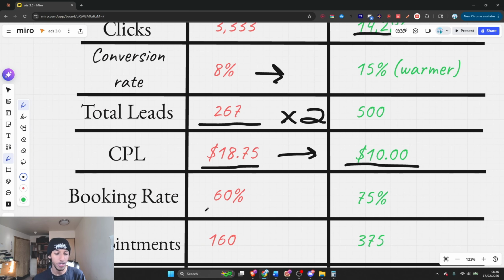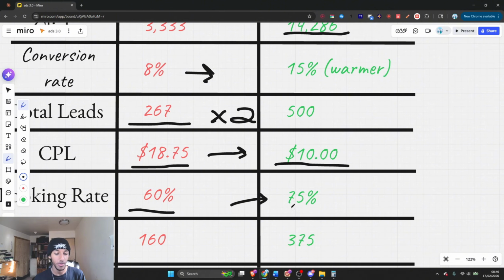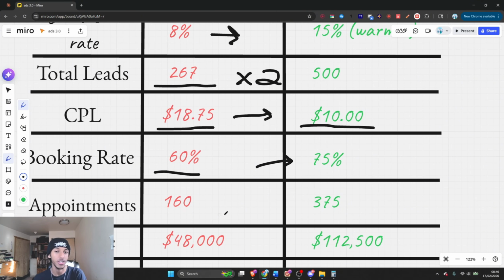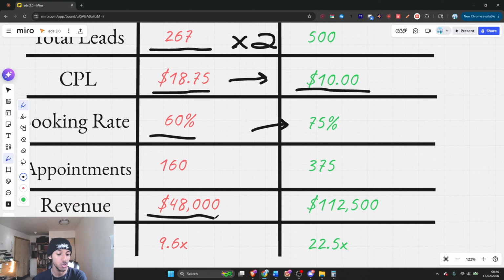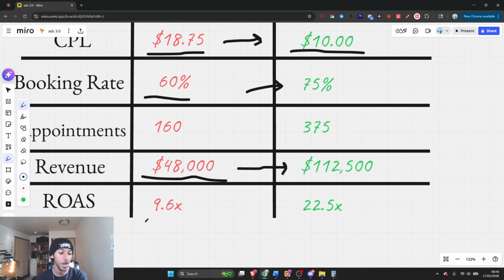Booking rate goes from 60% to 75%, and the appointments skyrocket from 160 to 375 per month. Revenue jumps, provided that we have a $300 value of the product, from $48,000 in revenue to $112,000 per month. ROAS jumps from a very good 9.6x to an astounding 22x ROAS.